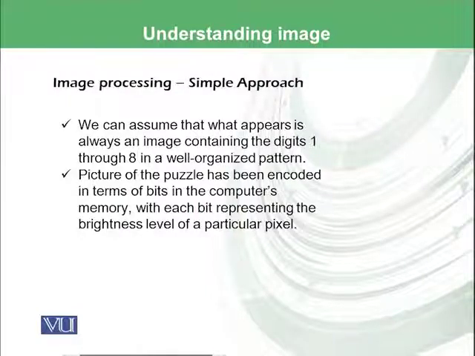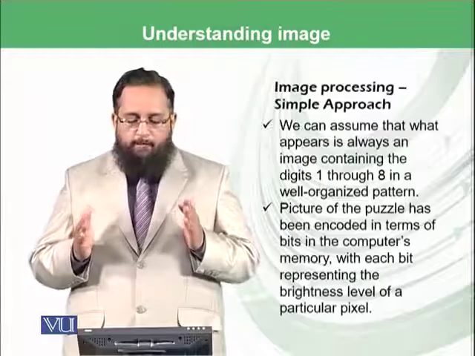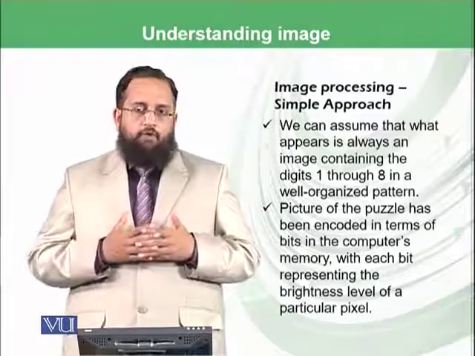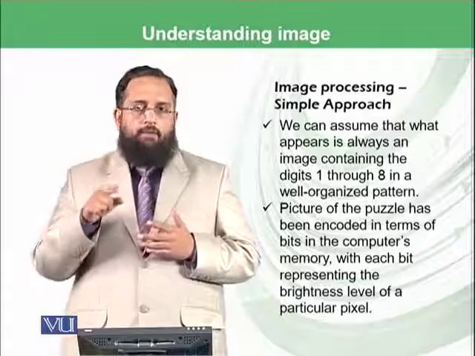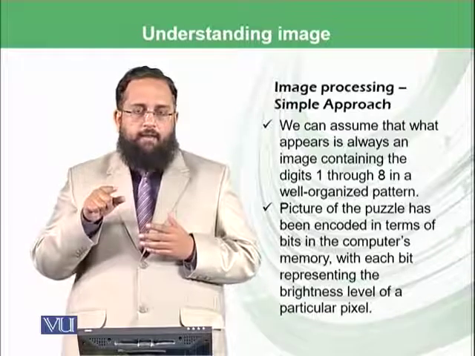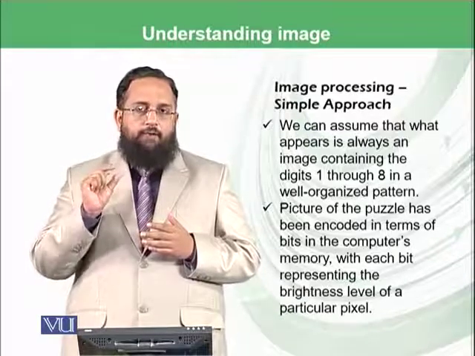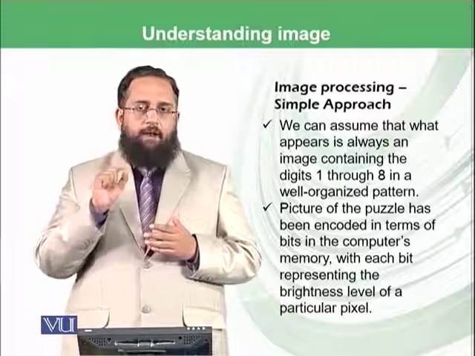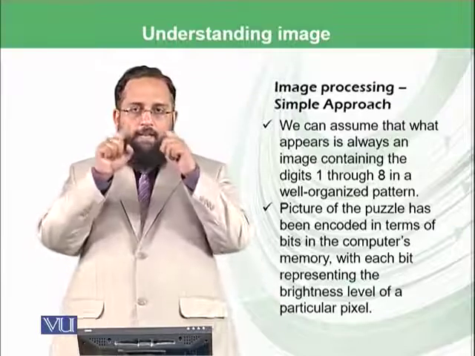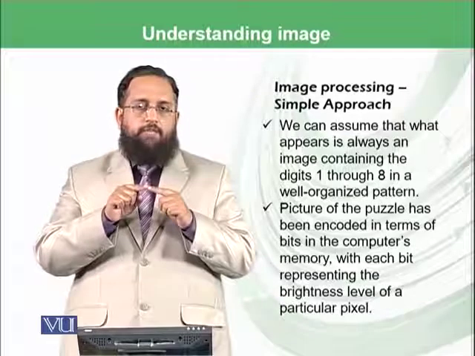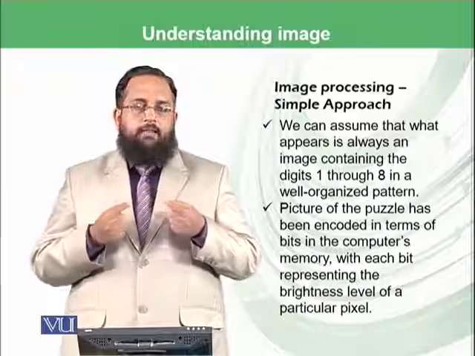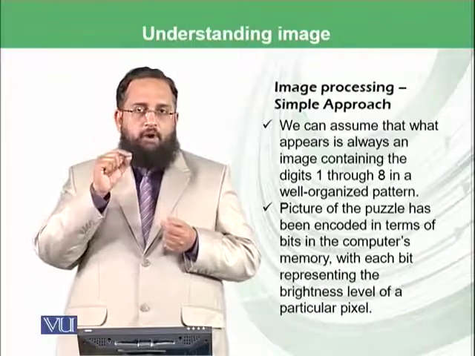The second thing is that the picture of the puzzle has been encoded in terms of bits in the computer memory. For example, the 1 has been written with a predefined pattern. If you take that square, it has a brightness level at small pixels.